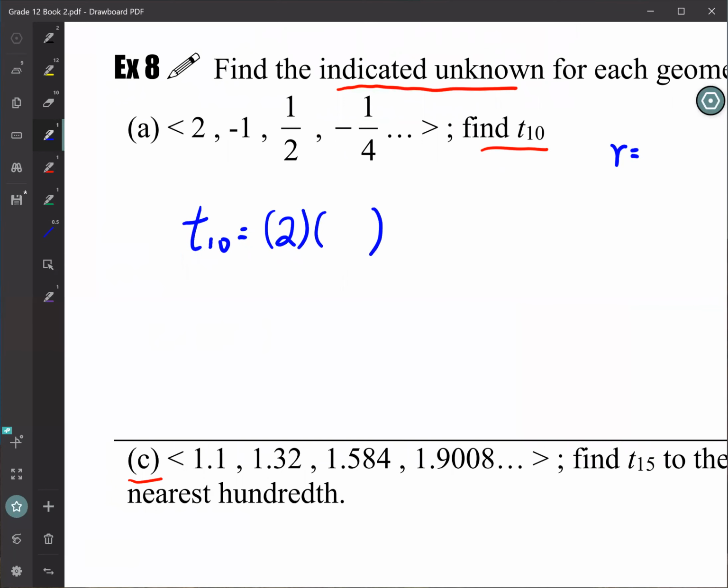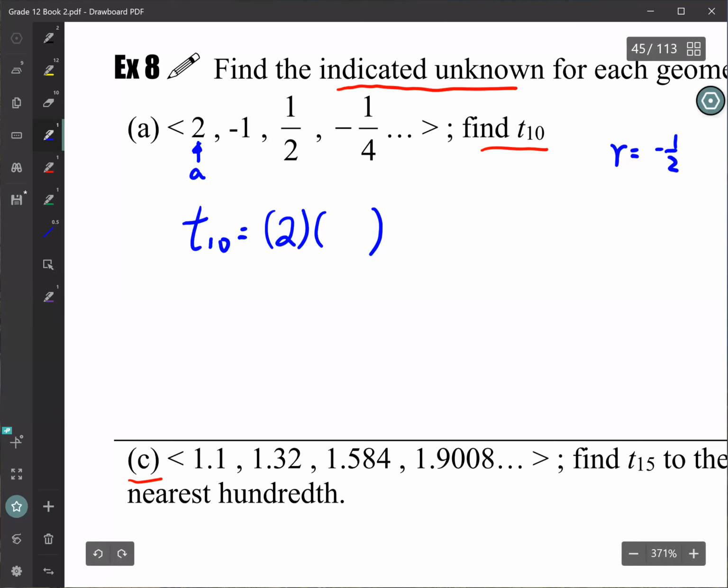I cannot hear you, can you speak up? First term is 2. This is the first term. Which one is the second term? -1. Yeah. So you just take the second term, divide by the first term. So what do you get? -1/2. Yeah, okay. So that's your ratio.